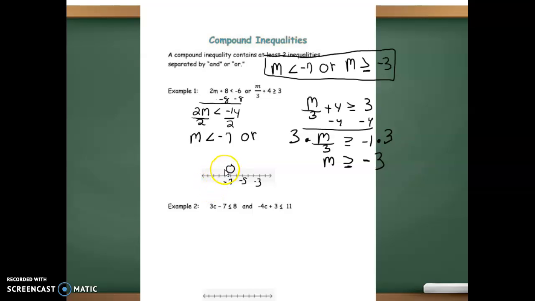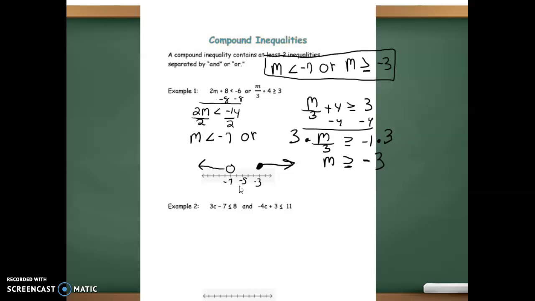So that would be going to our left, right? Or your problem could say m is greater than or equal to, okay? Which is going to go this way. So basically every number in this problem is going to work except these right in the middle and that one, okay? So this is what a typical OR equation looks like.